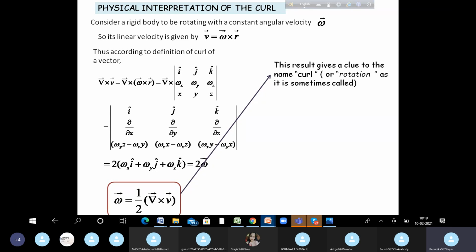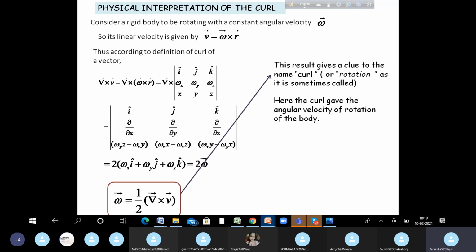So why this name curl or rotation is used, that concept comes from this result of this very simple problem that we discussed. In this particular problem, the curl gave the angular velocity of rotation of the body, right?